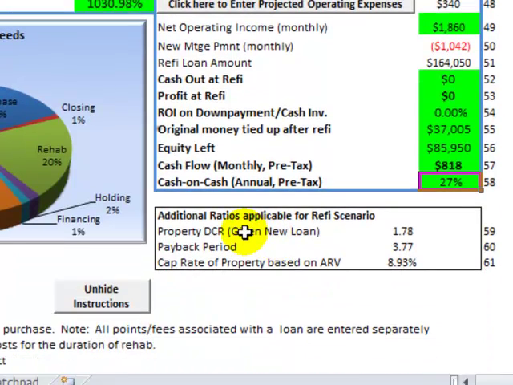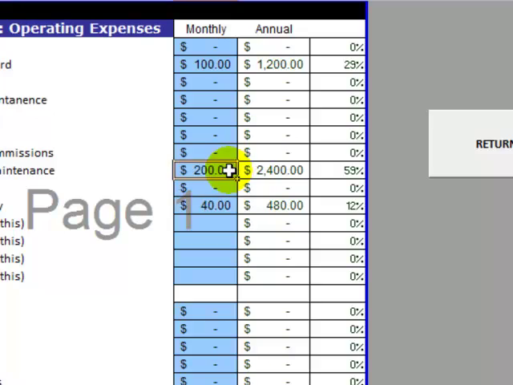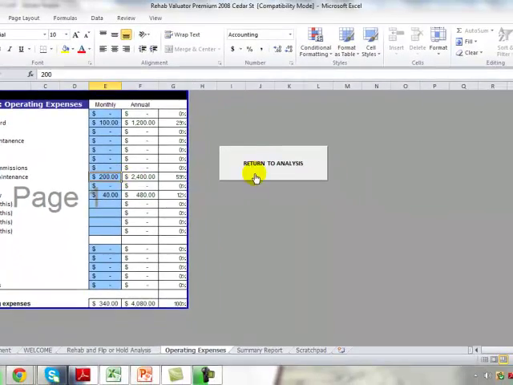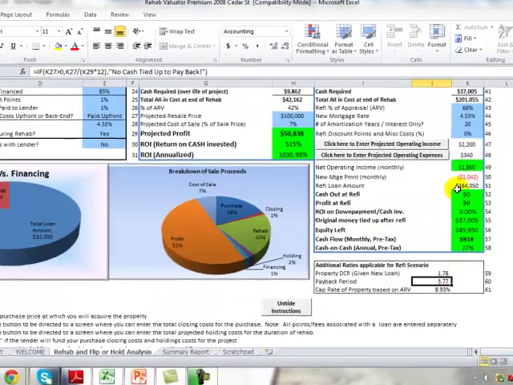And then as a good sanity check, I can go here and say the debt coverage on my new loan will be 1.78, so that's pretty good, and my banker will look at this as well. My payback period to recoup my cash that I tied up in this deal, right? Again, even with being conservative about maintenance expenses, my payback is still under 4 years.